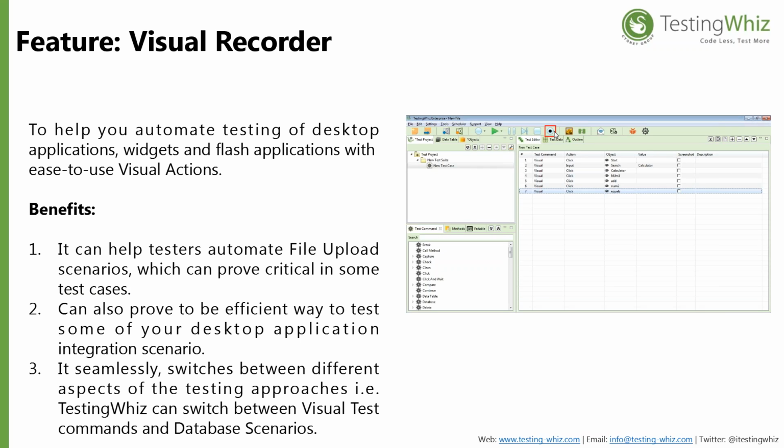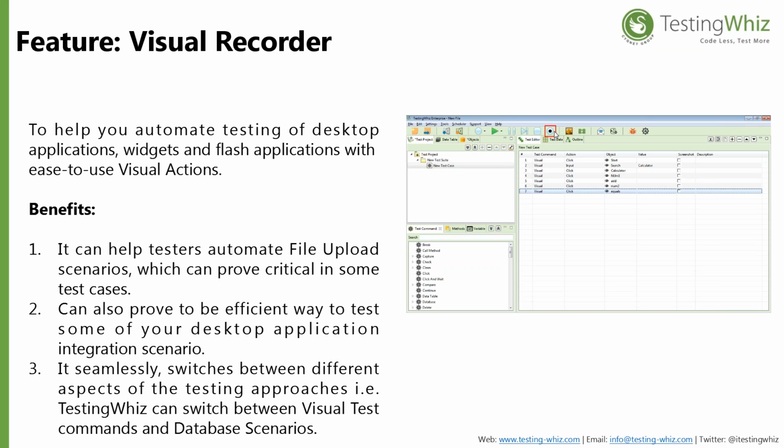It is helpful for testers who need to upload files. For example, it can be a form where you have to upload an image or a PDF file. The visual recorder helps you easily click on that file or PDF to upload it, all on the desktop screen.